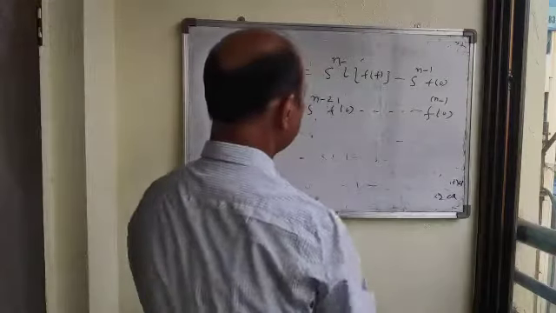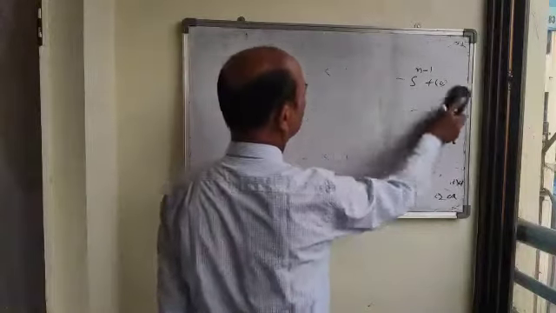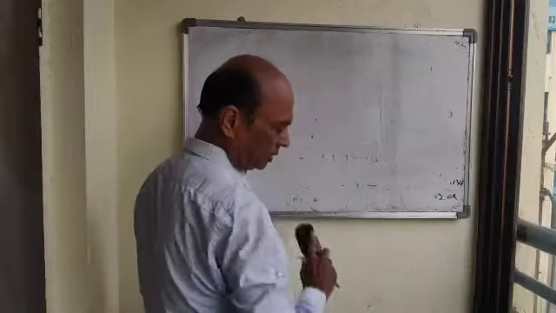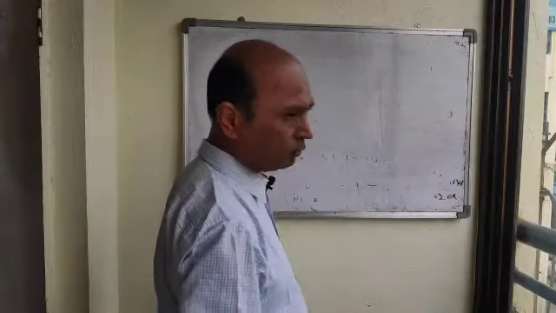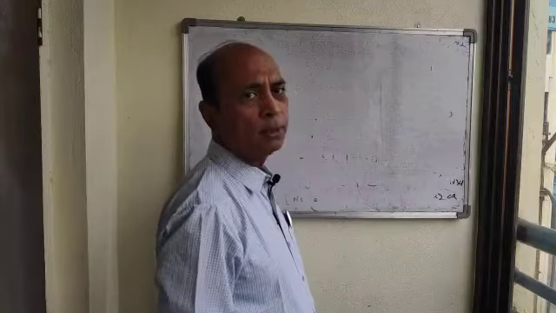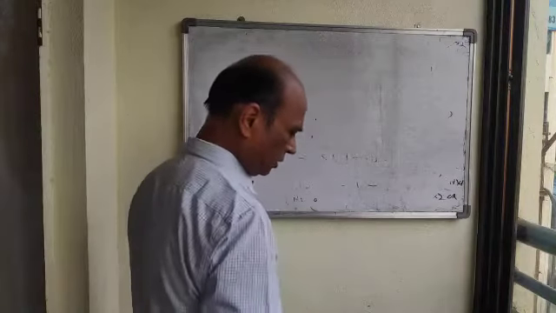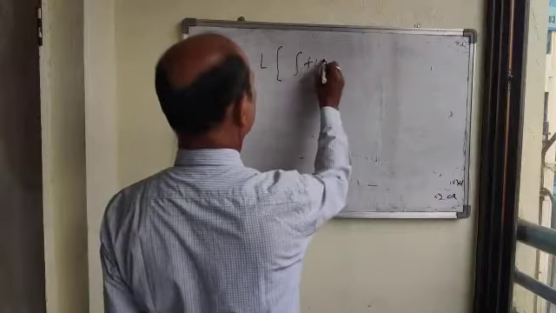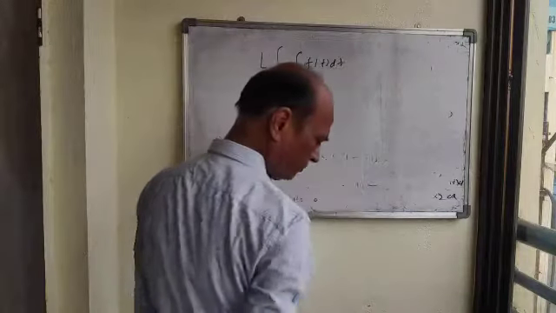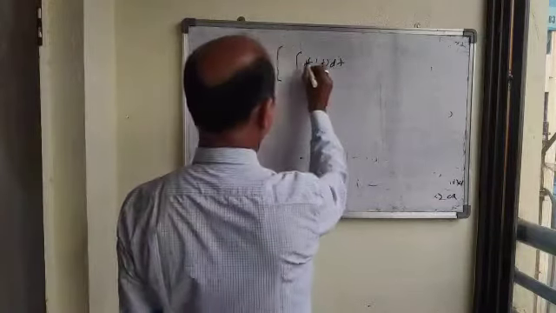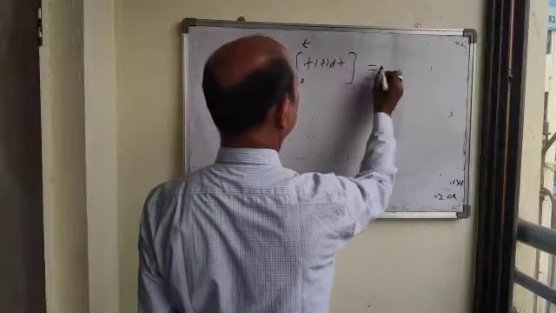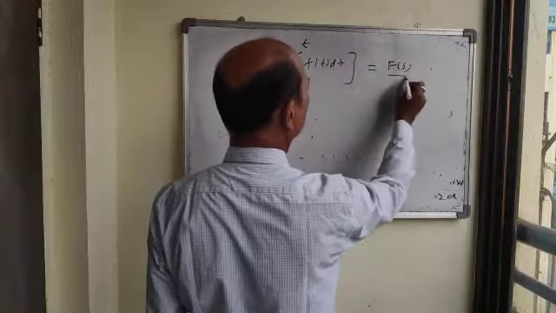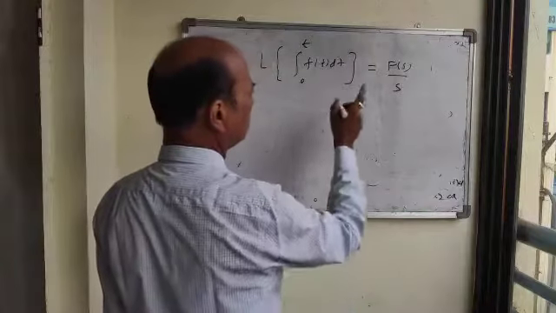Now we will see one result, how to find the Laplace transform of an integral function. So the result is L of integration of f of t dt from 0 to t is equal to f of s upon s. Now here, what is f of s?